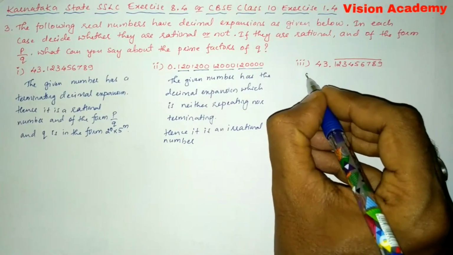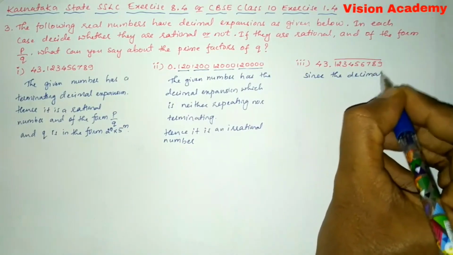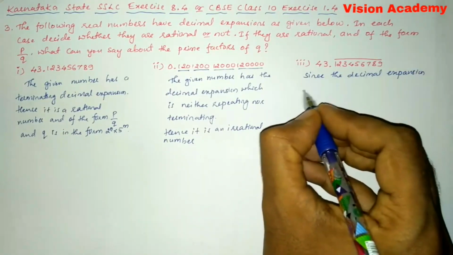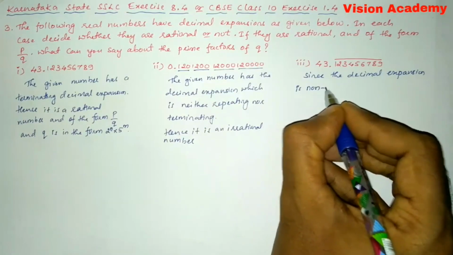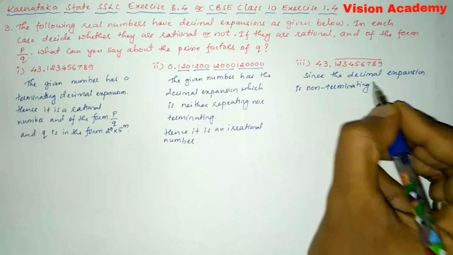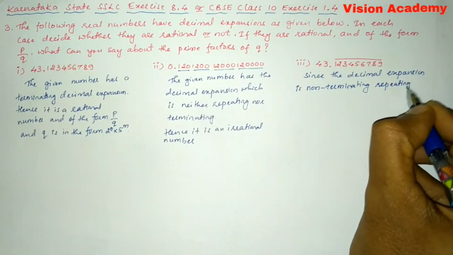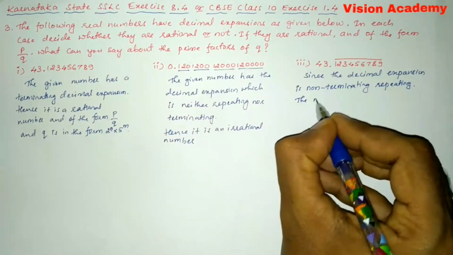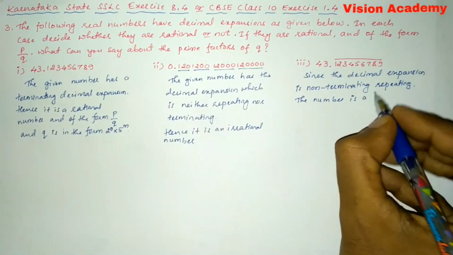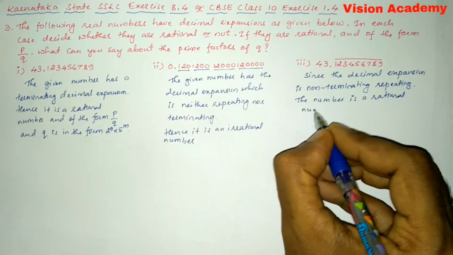So here we can write, since the decimal expansion is non-terminating and it is repeating, the number is a rational number.